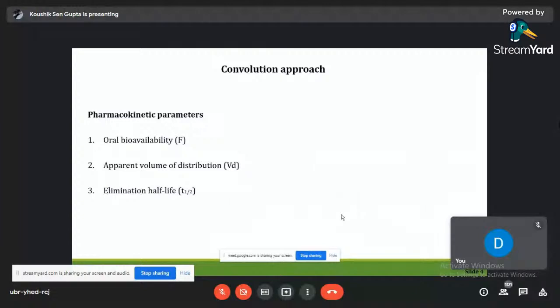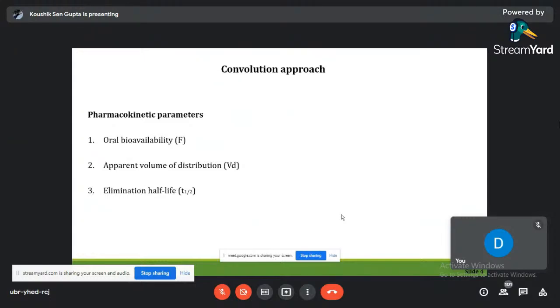And another one is the elimination half-life. We know that it is denoted by T half. That is the time taken for the drug concentration to become half of the initial concentration. It is called the elimination half-life. The oral bioavailability, apparent volume of distribution, and elimination half-life of a particular drug you can get from a standard book. Basically, you can follow Goodman and Gilman.